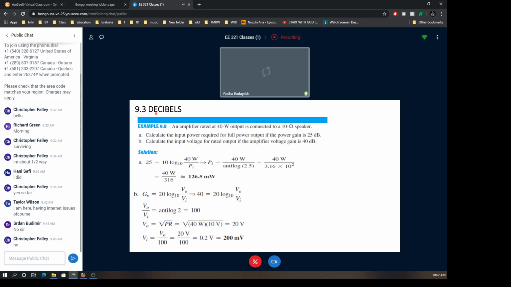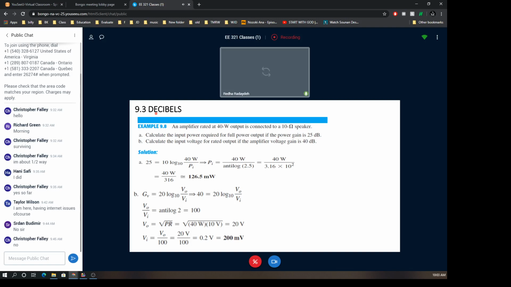So with some calculations, you will have Po divided by Pi equal to 10 to the power 2.5, or the input power would be the output power, which is 40 watts, divided by 10 to the power 2.5. Doing the calculation would give us 126.5 milliwatts.